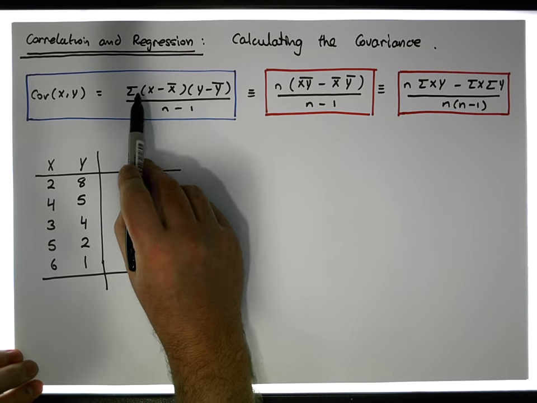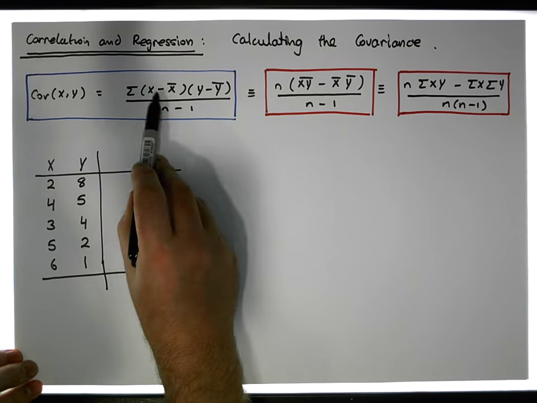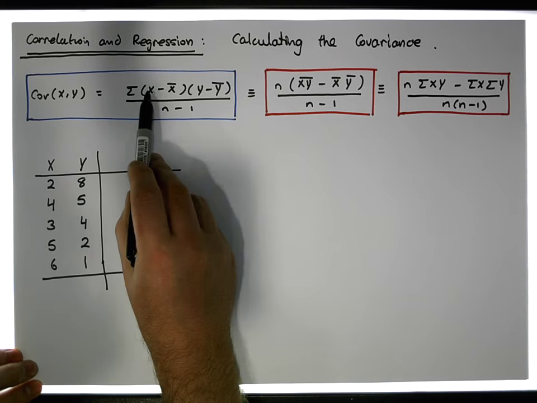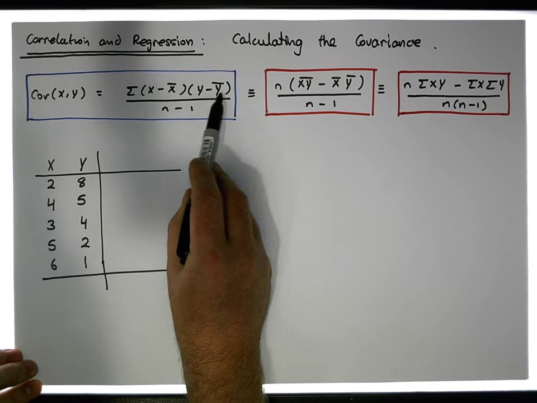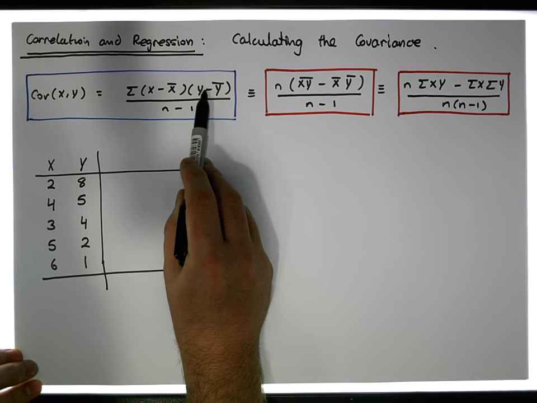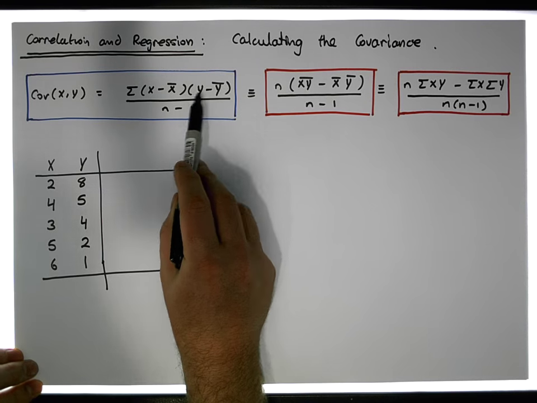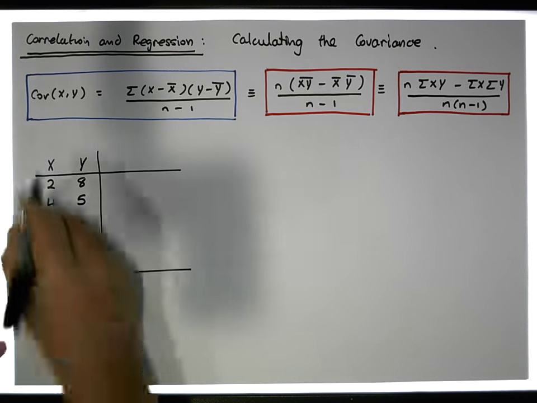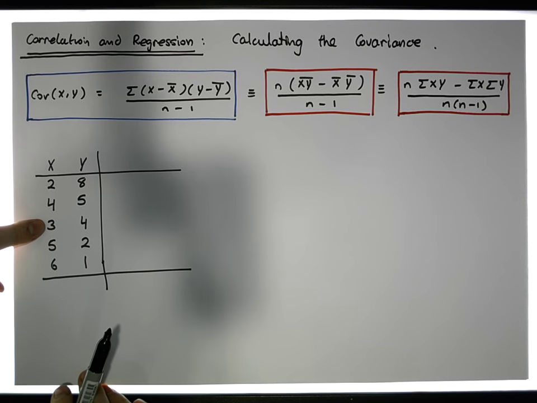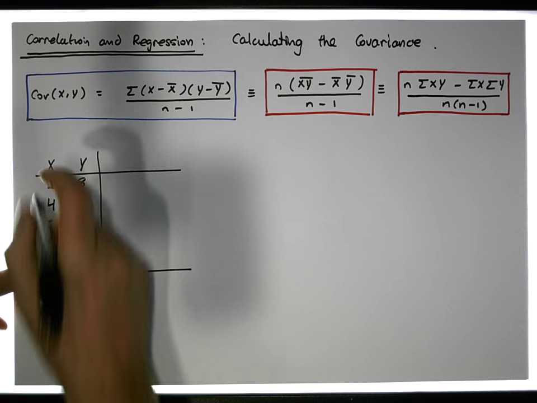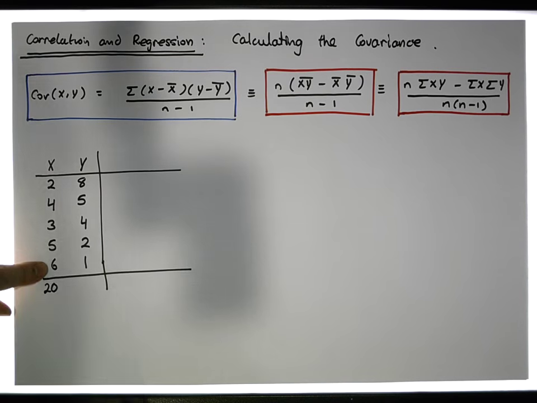What we need to calculate for each x observation is the distance it is away from its respective mean value, and for each y observation how far it is away from its mean value. So we need to calculate the mean values first of all. Let's sum up the columns. 2 plus 4 gives us 6, here we have 9, we have 14, so the sum of this column is 20.